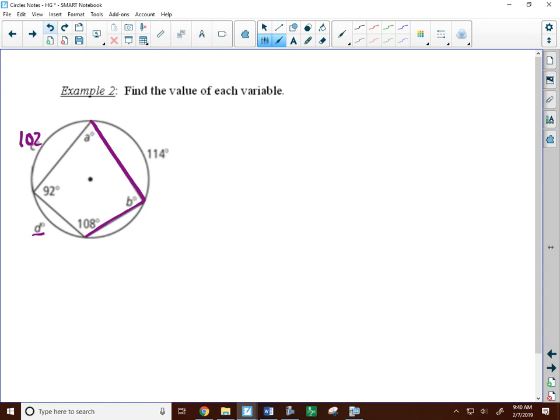So A is actually not going to work. We have to stick with B. All right, so B goes to this arc. B was 88, right? So we can double that. We get that this whole arc in red is 176. And then you get D. 74. We'll subtract off the 102.